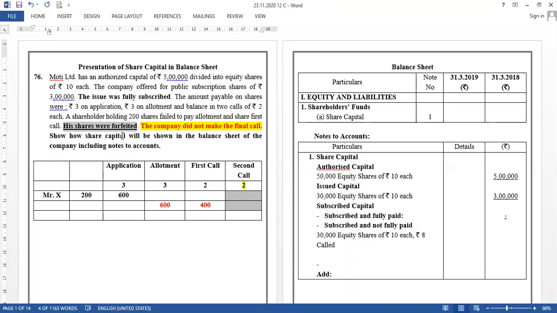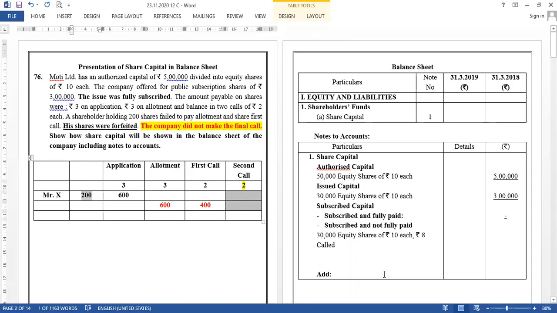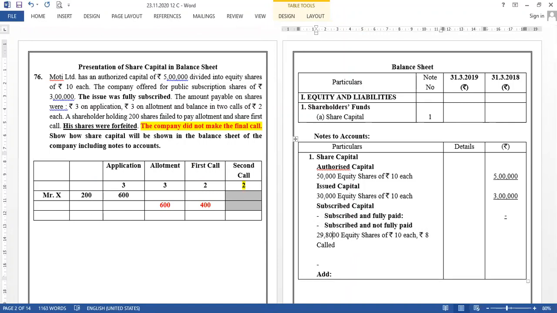So there is no possibility of Colson Arias over here. But the point is this 30,000 shares also will not be there, because public के पास कितने shares रह गए वो सोचना है. Out of 30,000 shares, 200 shares we forfeit. So the number of shares with the public left out is 29,800 shares.